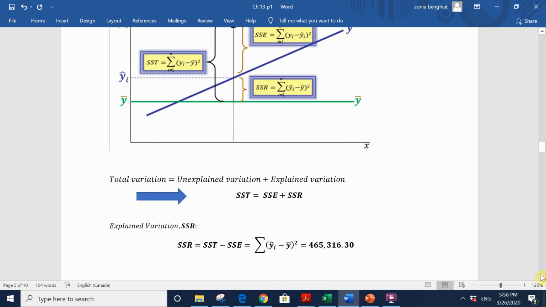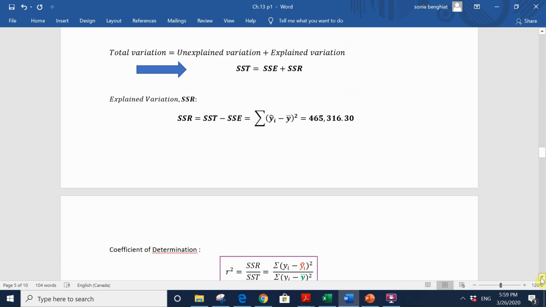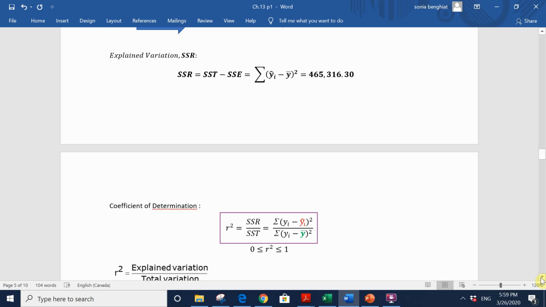Now comes the interesting part. If I have all this information available, I can now determine the coefficient of determination. The coefficient of determination is represented by the symbol r square.